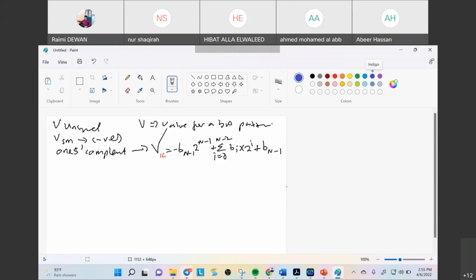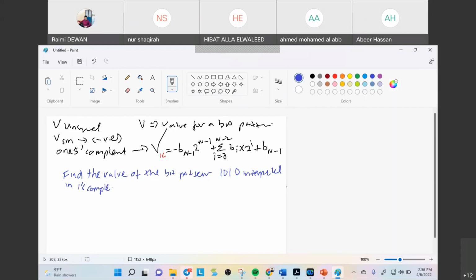For example, find the value of the bit pattern 1010 interpreted in one's complement notation.